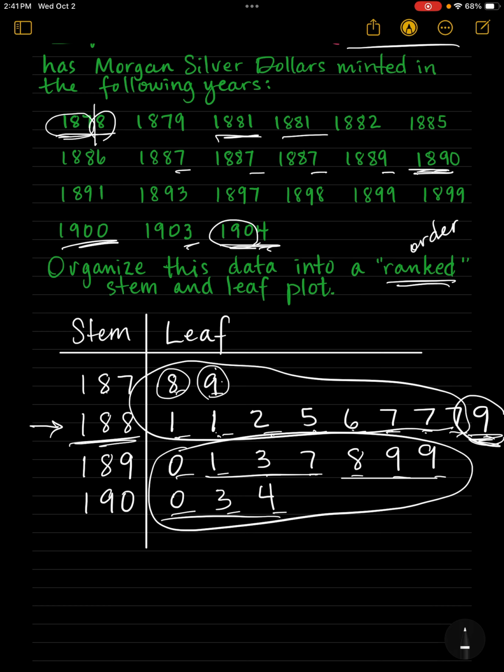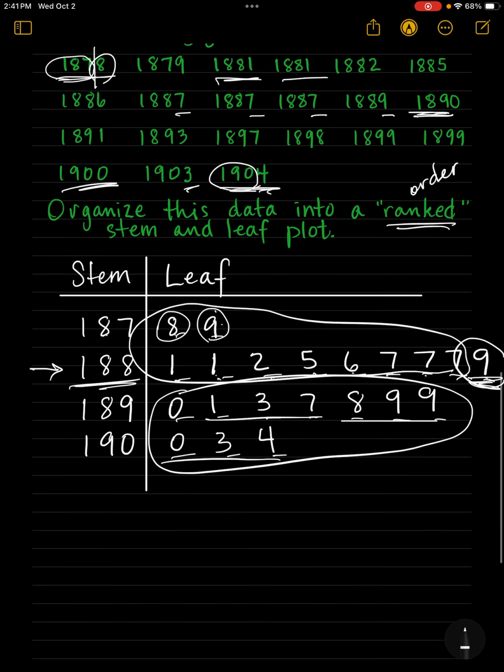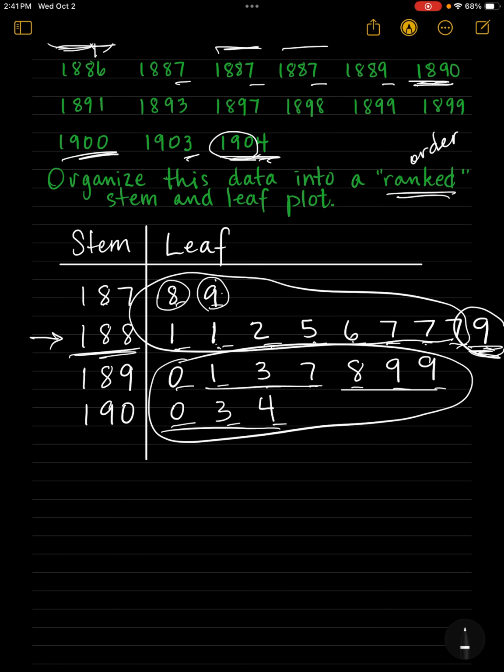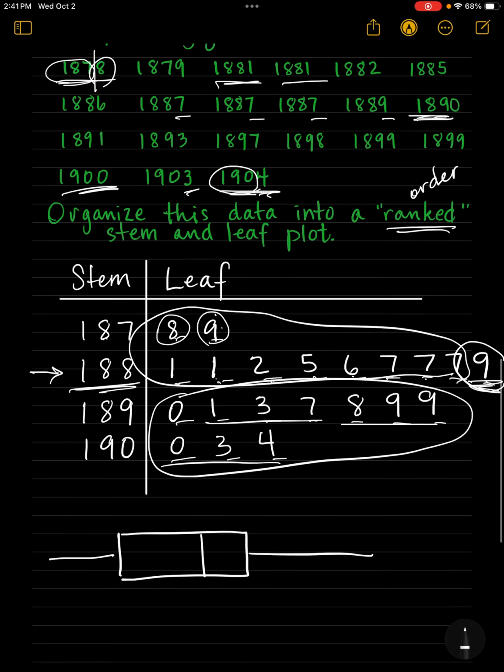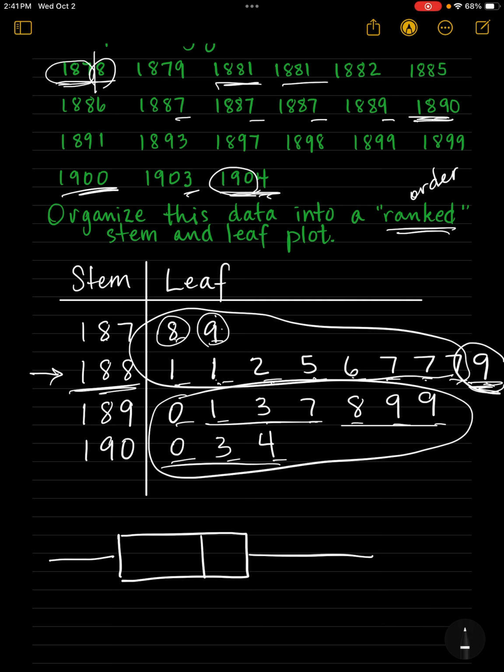So hopefully you see how that might be useful. Even from here, if you wanted, you could start to make your box and whisker, which we discussed in the last lesson. And you could see those 5 important numbers that broke each quartile down.